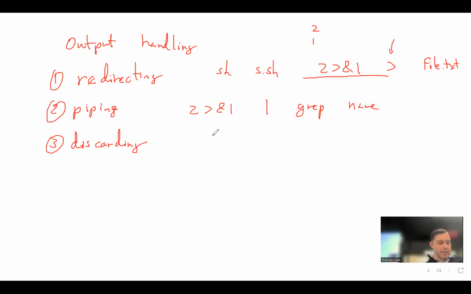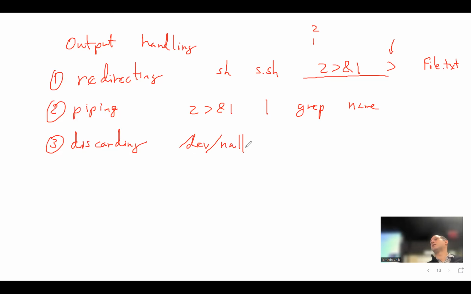And then discarding is the idea of sending to a trash can. Linux does have a nice thing that you could think of as a trash can. Just keep in mind, it's gone. In the file system, you have something called dev, and then you have null, dev null.